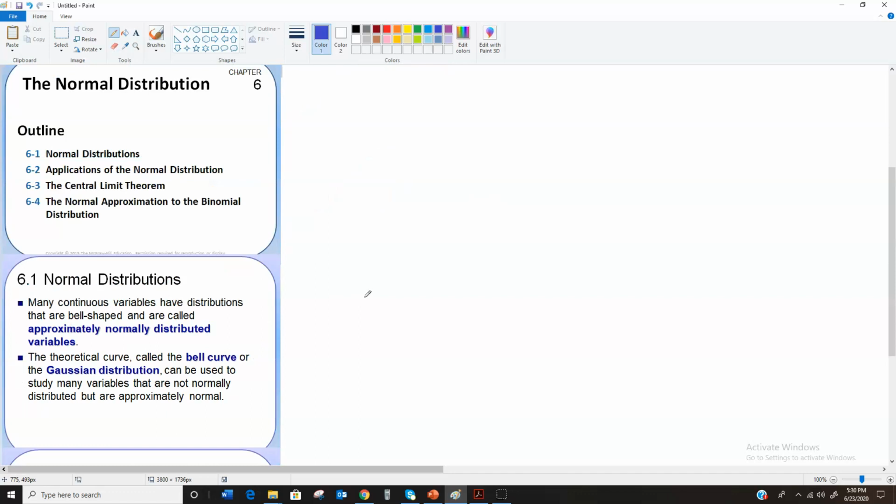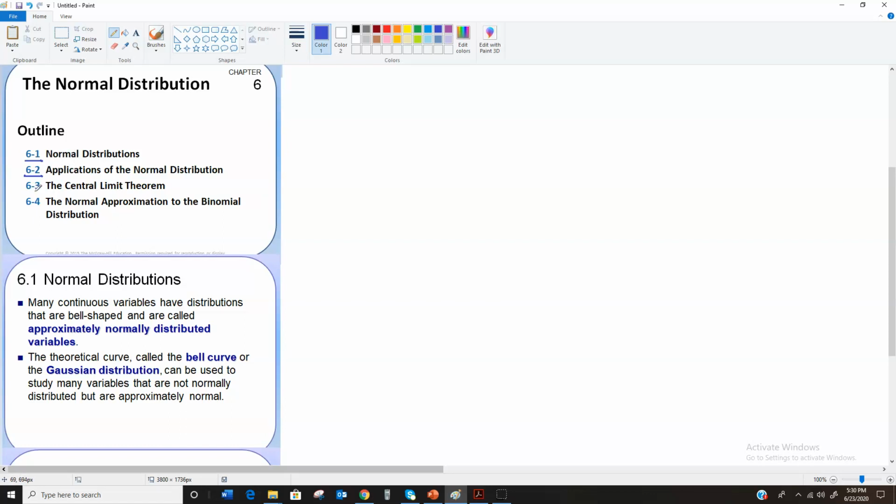So the topics that we're going to discuss in chapter 6 are the normal distributions and the applications of the normal distribution. These two sections are very similar. This one just introduces the concept, and 6.2 then shows you how to use it within an application, but it's the same type of computations.